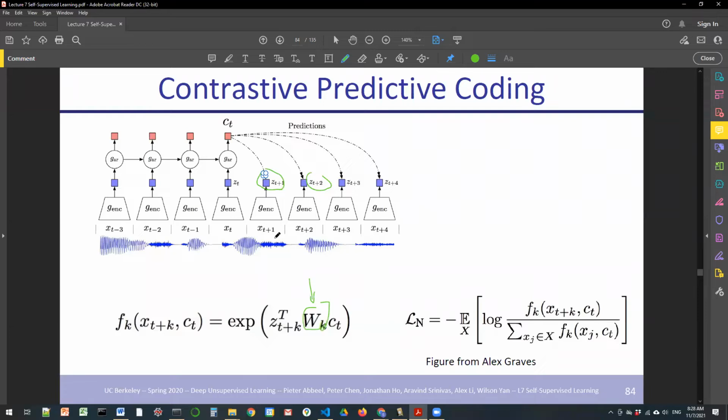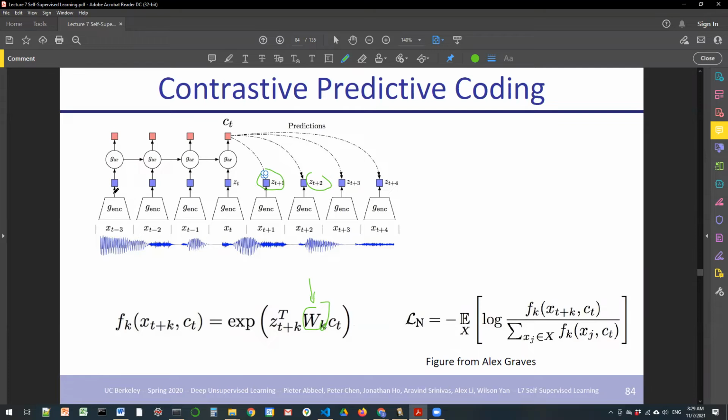And each of these, you can think of it as predicting one step ahead, two steps ahead, three steps ahead, four steps ahead, and so on and so forth. And the contrastive predictive infrastructure that is set up helps us optimize all of these predictions simultaneously, right?